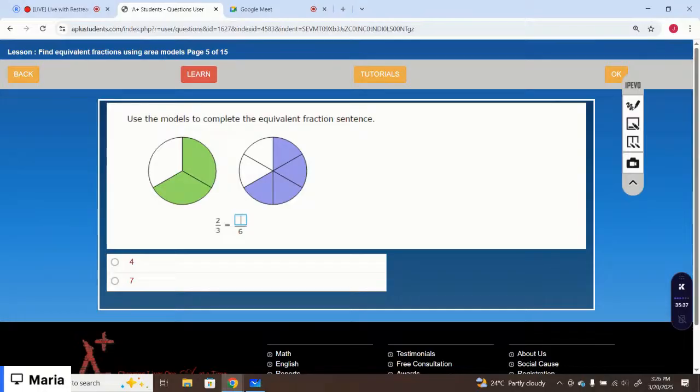That is 4 out of 6. Option number 1 is the correct option. That is 4 out of 6.